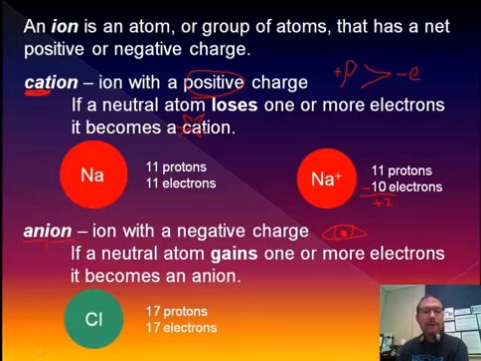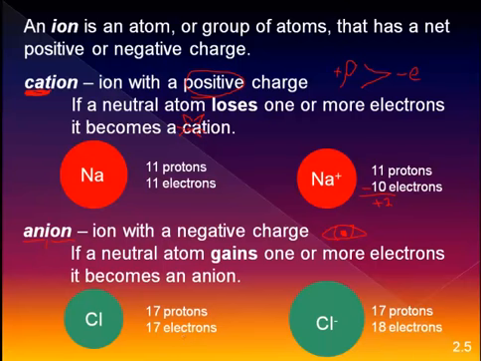Here's an example. This chlorine atom is neutral. It has 17 protons and 17 electrons. But it gains another electron from somewhere. So now, you take 17 minus 18, you get a total charge of -1. It becomes a negative ion. Now I want you to notice something else too. Look at what happened to the radius of this atom of sodium when it lost that electron out of its electron cloud.